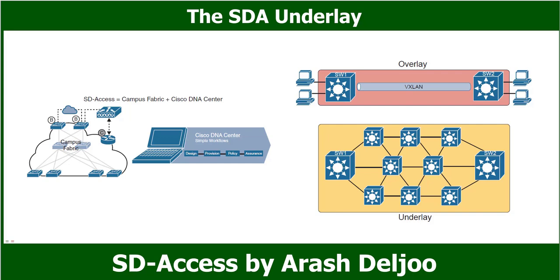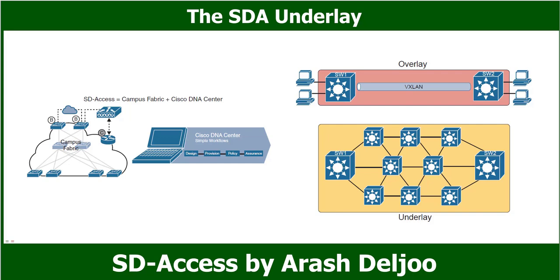The SDA underlay configuration requires you to think about and choose the different SDA roles filled by each device before you can decide which device to use and which minimum software levels each requires.